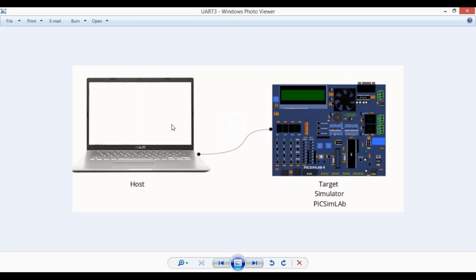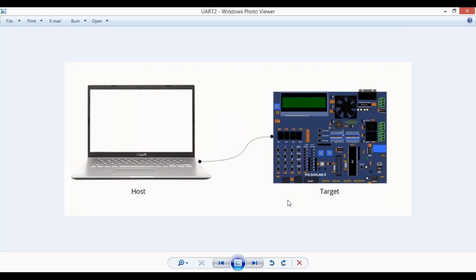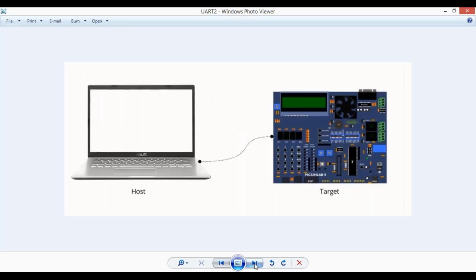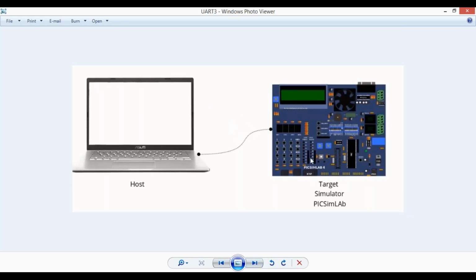So guys, to do the UART testing, we are going to communicate between your PC or your laptop and the PiximLab. But the question arises, how is PiximLab going to interact with the computer? In real scenarios, on this board you might have a wired connection directly, but here you have a simulator board.